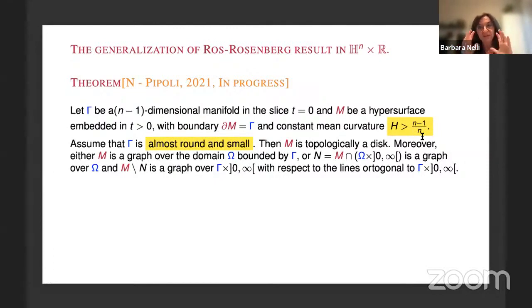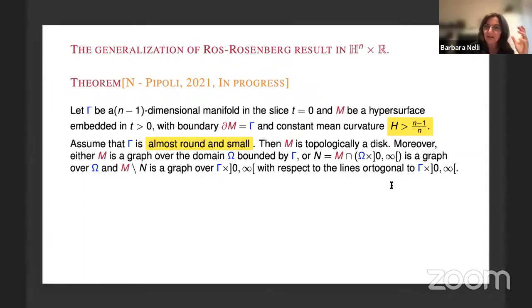There is no compact rotational surface of constant mean curvature H smaller or equal than n minus 1 over n. It's like in H^3: there is no compact rotational CMC surface of curvature less than 1. And here, the value is n minus 1 over n. So this changed completely. It's like in R^3, there is no compact minimal surface. It's the same.